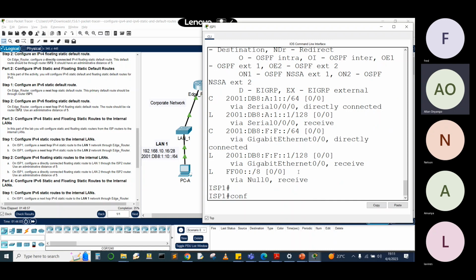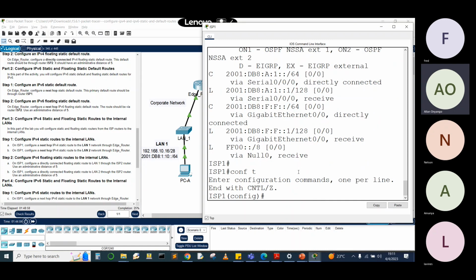And since this is ISP1, this is a static route. I go to the global config mode and I say ip route, adding the network for LAN 1. You can see it there, LAN 1: 192.168.10.16. That is the network address. Subnet mask is /28, and this is going to be 240 at the end.